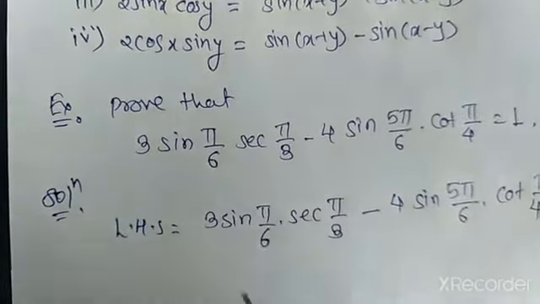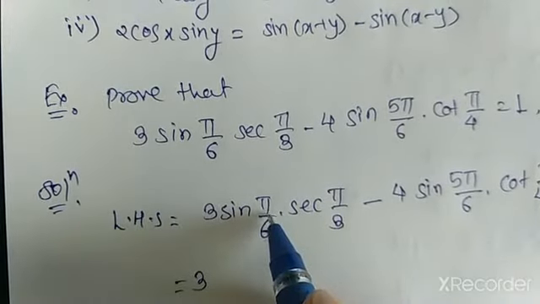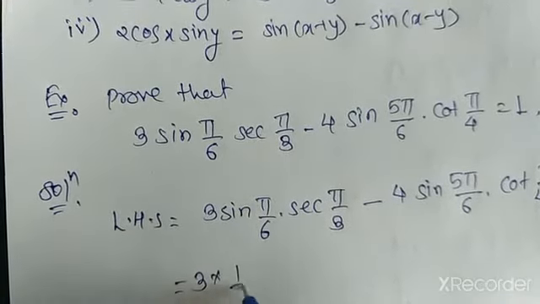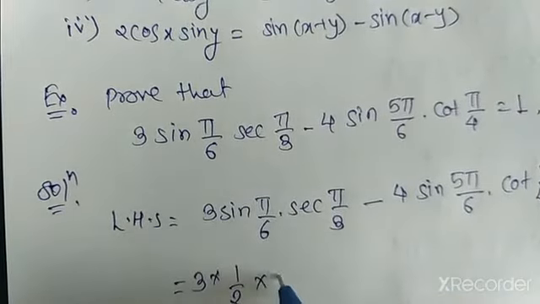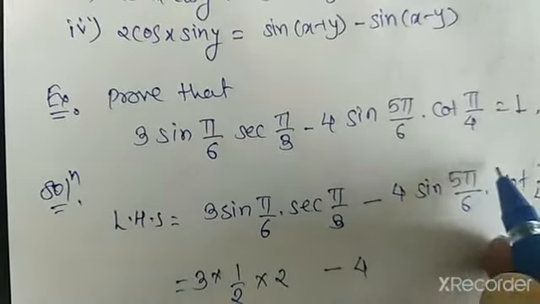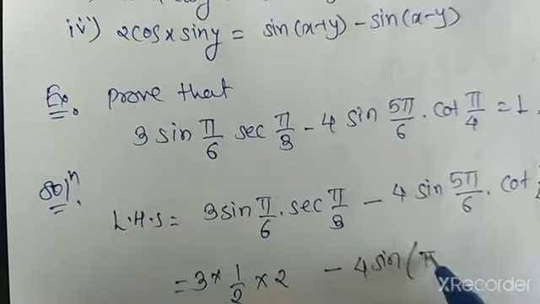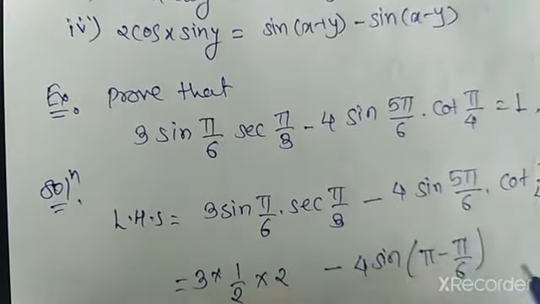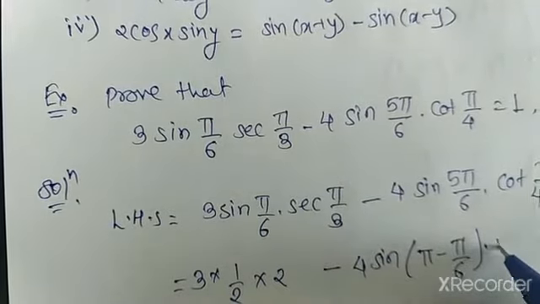Okay, so here 3. Now the value of sin π/6 is 1/2. The value of sec π/3 is 2, minus 4 into sin 5π/6, which can be written as sin of (π − π/6), into cot π/4, whose value is 1.